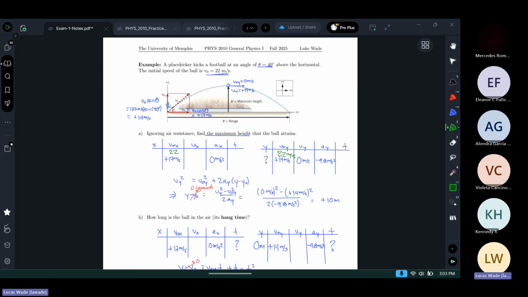No, because then the overall speed would actually be faster than 22, because it's going this way at 22 and this way at 22. That means it's actually moving along a diagonal at 22 and some change. It's 22 square root of 2 if you want to do the math. But anyway, takeaway is this is not immediately telling you what goes in these slots.